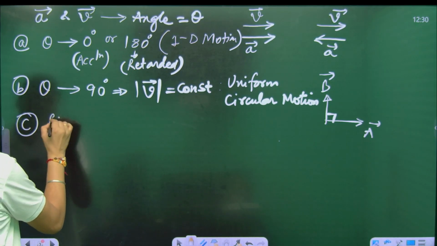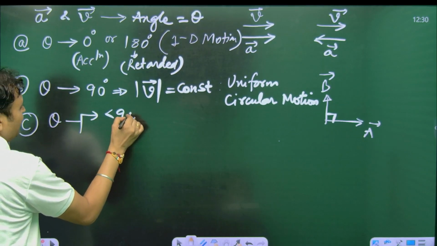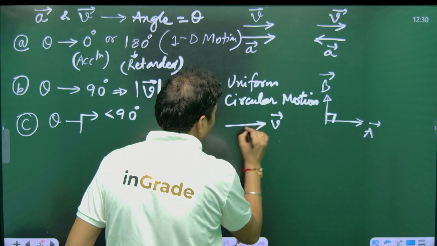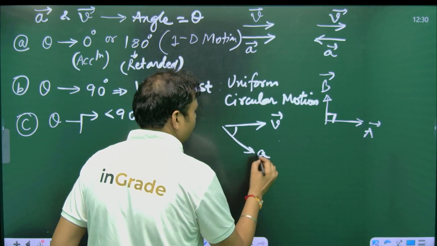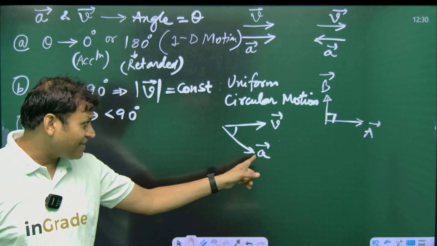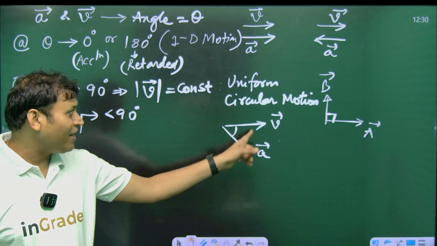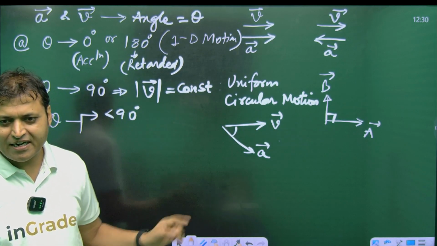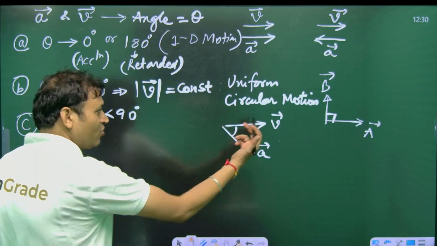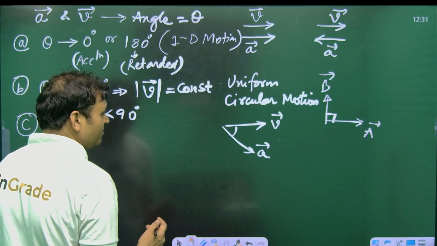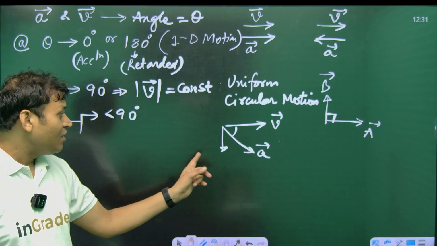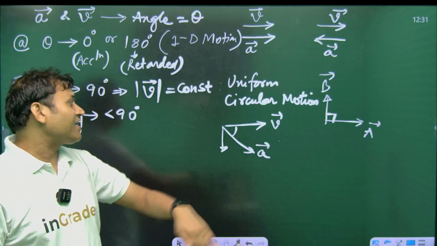Now, if theta is less than 90 degree, let us say this is the direction of velocity and this is the direction of acceleration. So what will happen? If we resolve acceleration into two components, one is along the velocity direction, other is normal to the velocity direction. Along the direction of velocity will increase the magnitude of velocity, that is accelerated motion, and perpendicular to the direction of velocity will change the direction of motion.